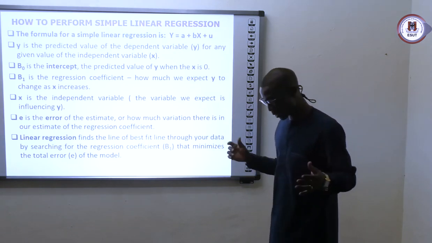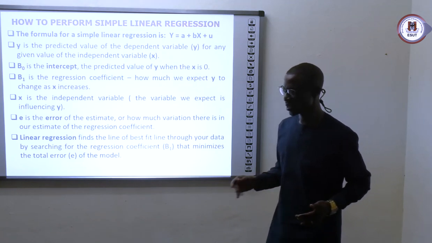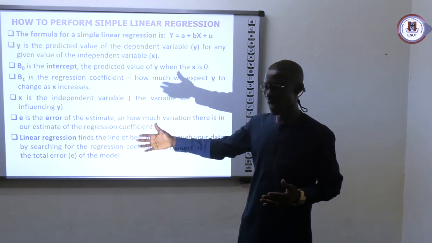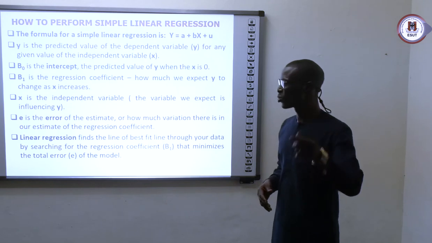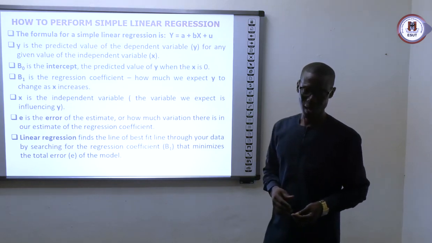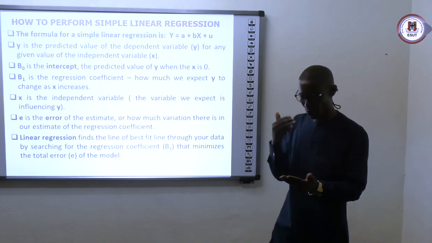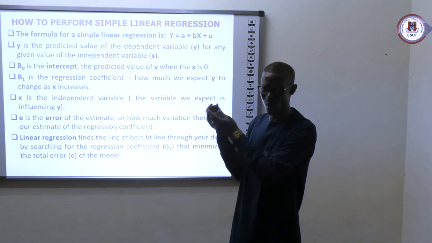There is another law in regression analysis that says that even though there may be so many variables that may affect your dependent variable, it is very good that you be parsimonious. And being parsimonious in regression analysis means that you have to be conscious and take the core variables that you are dealing with.